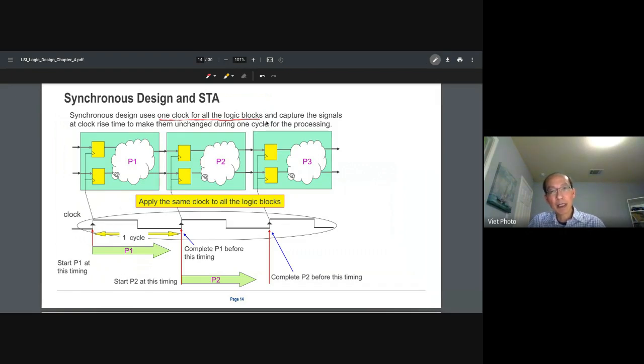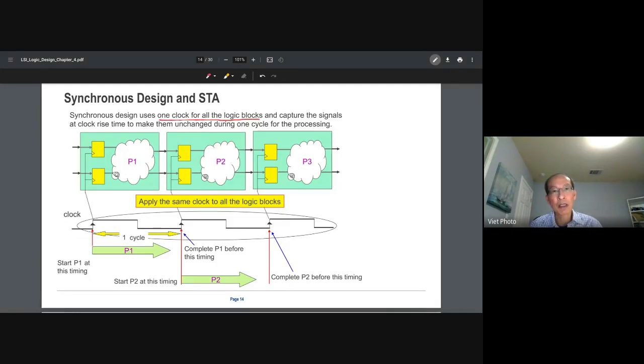I think the statement here is not completely correct, because in a design there will be multiple clocks, not just one. When you hear that an Intel processor works at 4 gigahertz, it's not every single cell and flop in the design operating at 4 gigahertz.